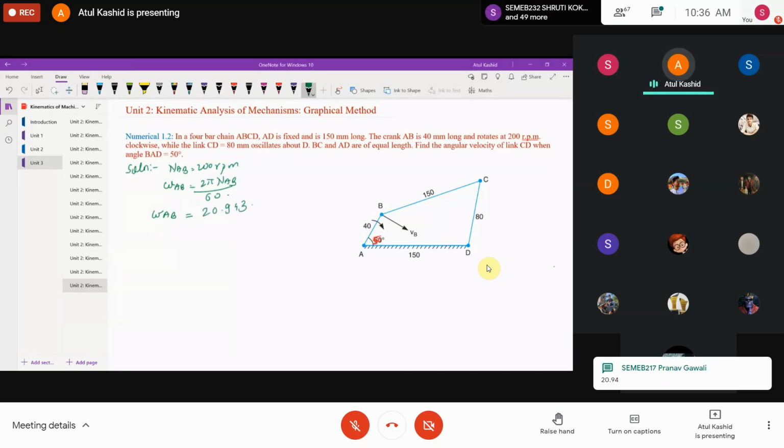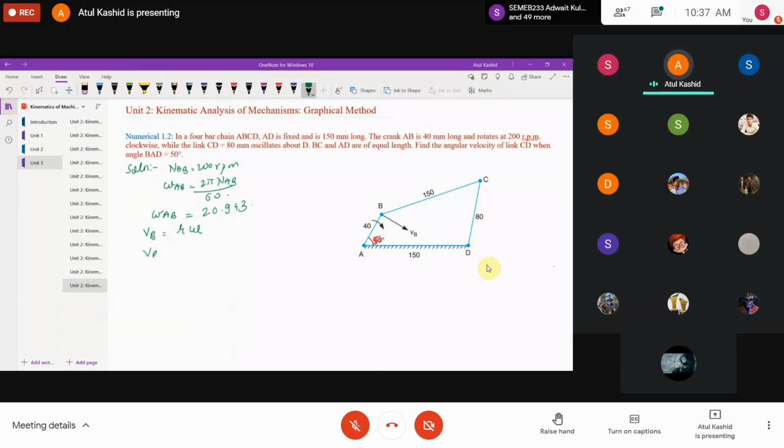So now omega AB we are getting 20.943. Also we can find the velocity of B, which equals R into omega. What we are going to take as R is this length AB, or rather we are taking the velocity of B with respect to A. So this will be BA multiplied by omega of BA. Remember that omega of AB equals omega of BA. BA is given as 40, and the angular velocity of AB is 20.943.